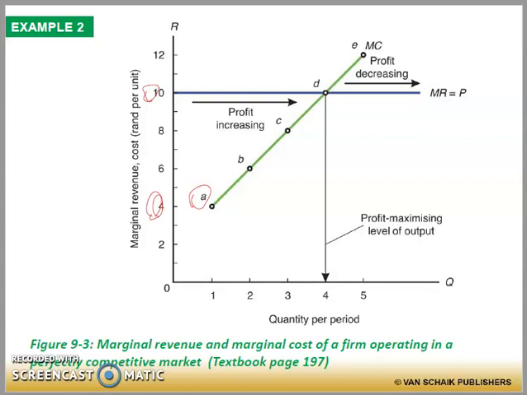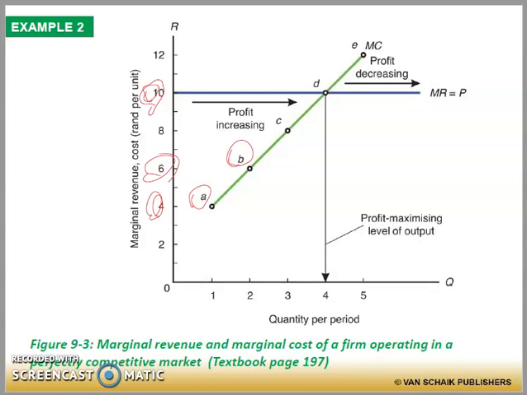Likewise, the marginal cost of the second unit of 6 rand, which is represented by B, is also lower than the marginal revenue of the second unit. So the production of the second unit therefore adds 4 rand to the profit of the firm, which is the difference between 10 rand and 6 rand.